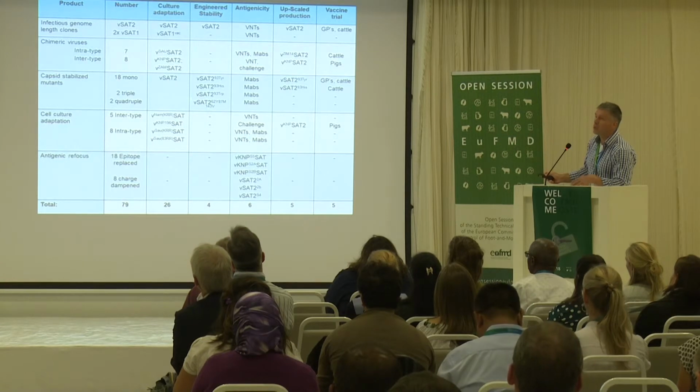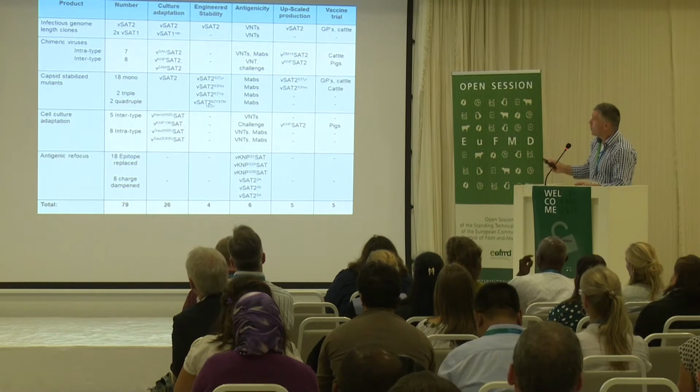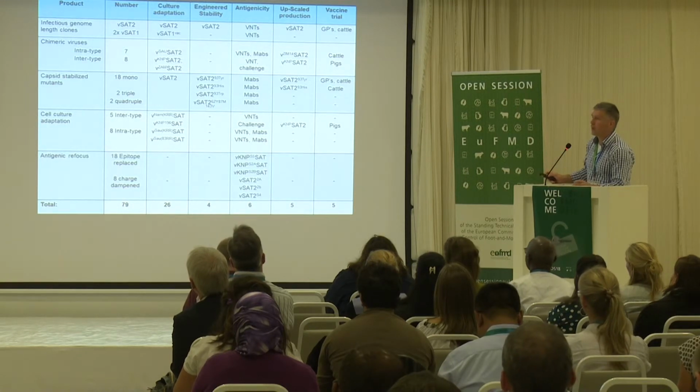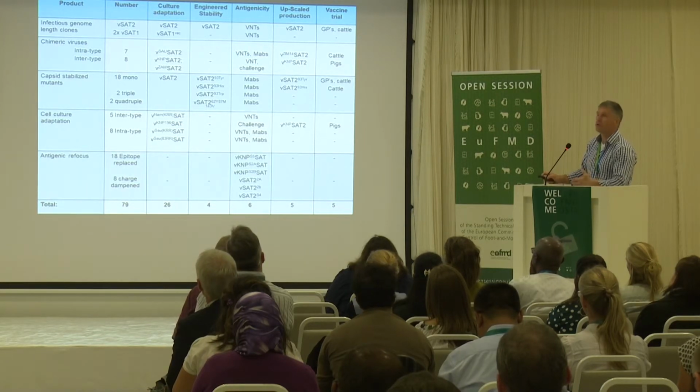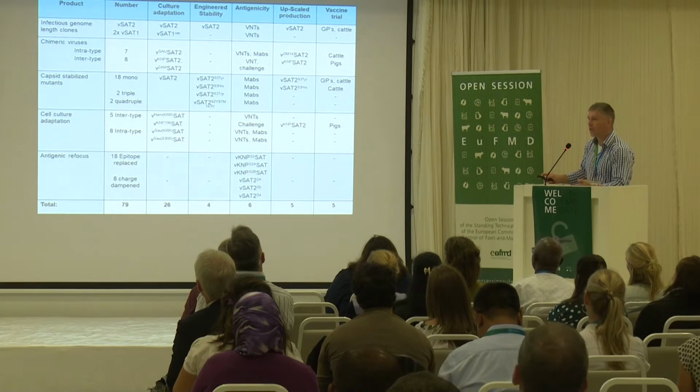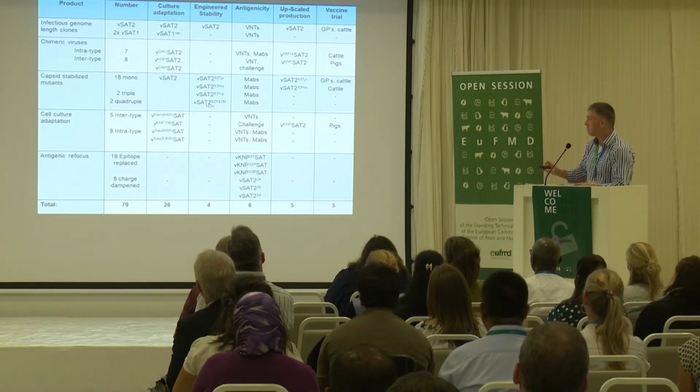Some of them did not work, some of them were not even viable. We were able to do at least 5 different animal trials using different of these constructs. One of the future things we have started to explore is to combine these mutations into capsids, both cell adaptation and stability.